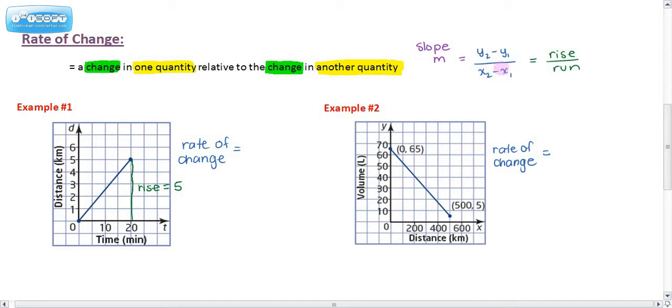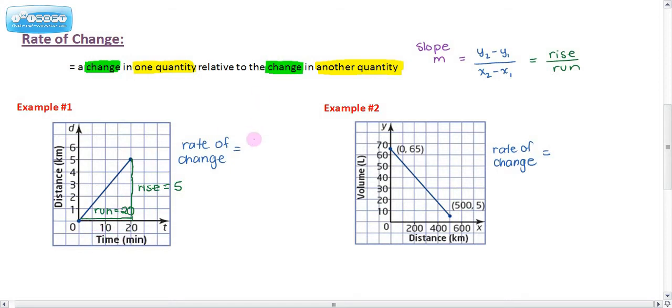When I look at my denominator, I have x2 minus x1. In this context, my x2 is 20, my x1 is 0. When I take the difference, I have a run of 20. So the change in the quantity of time is 20.